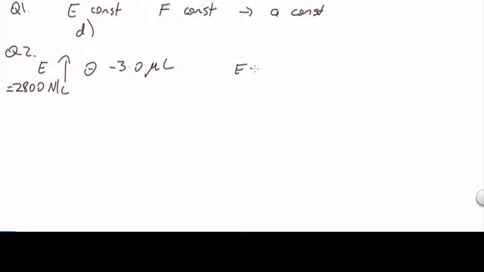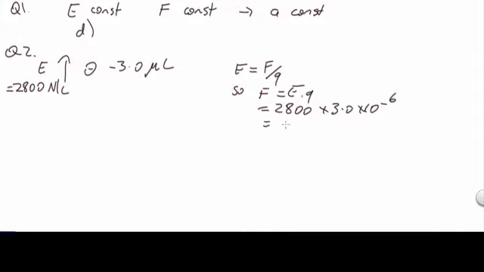So we know electric field is force per unit of charge, so force is E times Q, which will be 2,800 times 3 by 10 to the minus 6, and we will get 8.4 by 10 to the minus 3 newtons, and the direction will be in the minus y. Now, that was option number C.